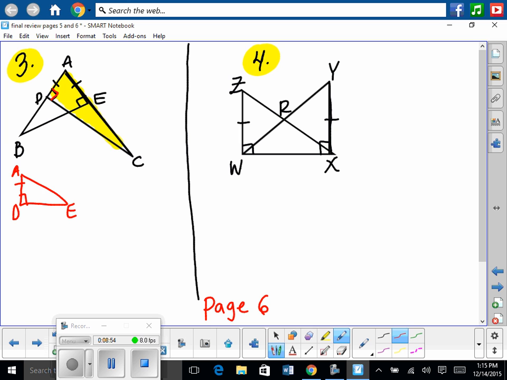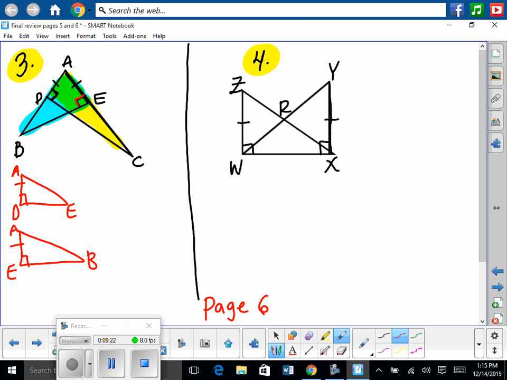And then hopefully you're able to see that you also have this right triangle right here. So we have another right triangle. I'm going to draw it out as well. It looks like my 90 degrees is right there. So I have a 90 degree angle at E. And then we have our A at the top again, and we have our B out to the side. And then our tick marks right here.